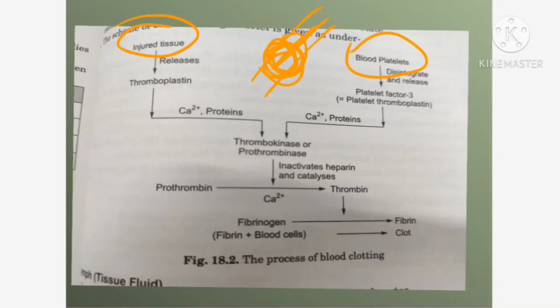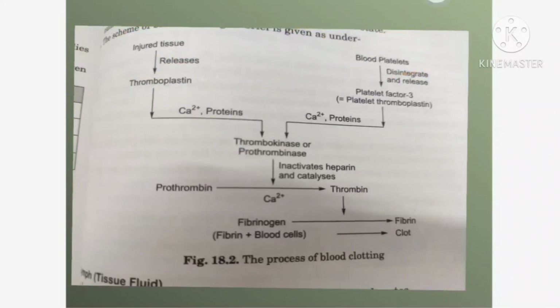Now they will start releasing a substance called thromboplastin. It is a proteinaceous secretion called what? Thromboplastin. So, injured tissue will release thromboplastin.